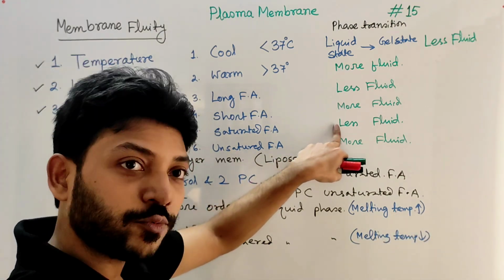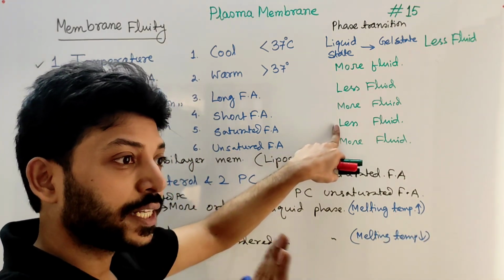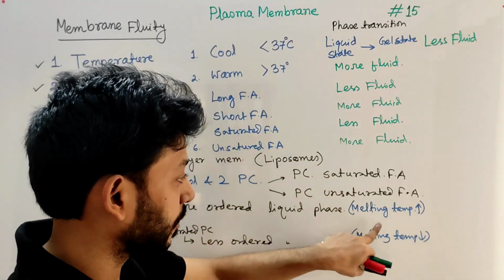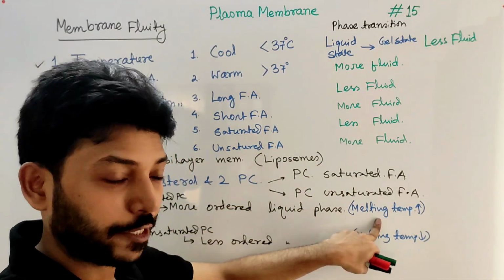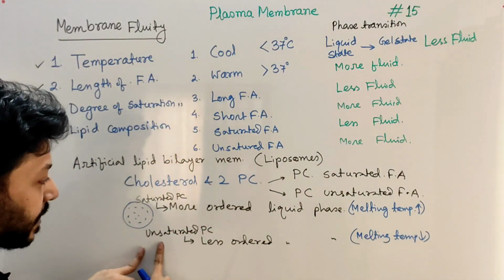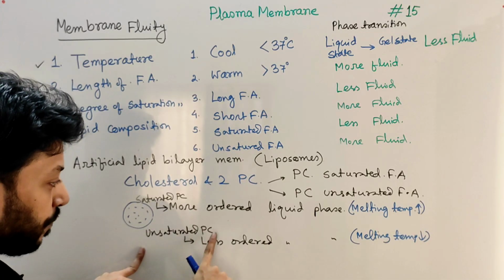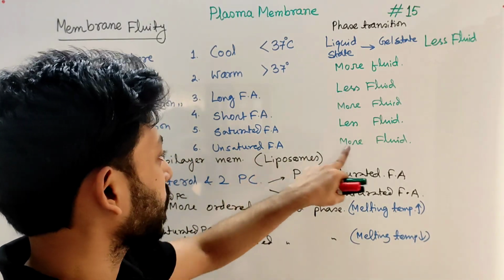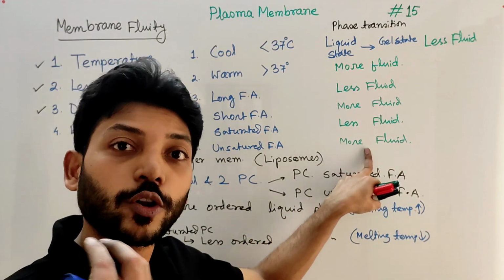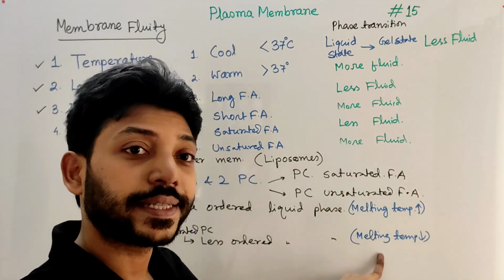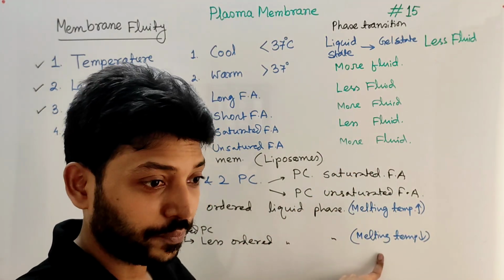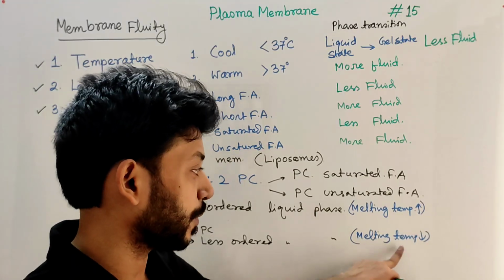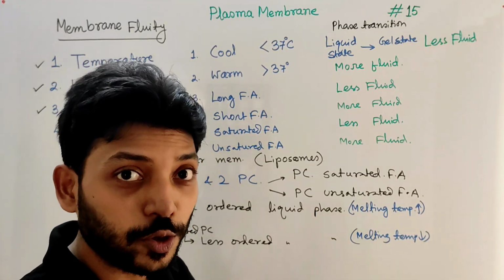As it is less fluid, to make it fluid it will require more heat. But in the case of unsaturated phosphatidylcholine, it makes a less ordered liquid phase. That means unsaturated is already more fluid, so it will require less heat for melting. So the melting temperature is lower.